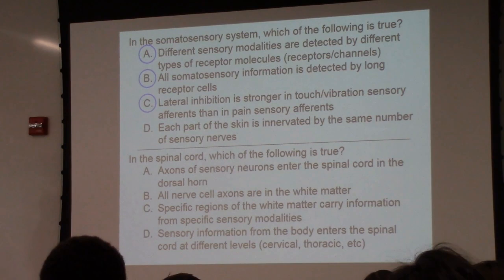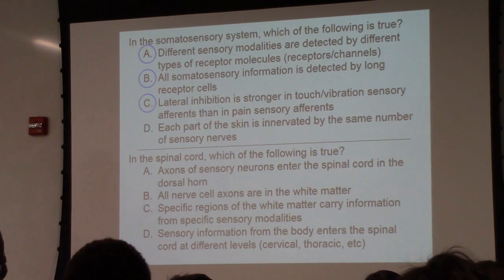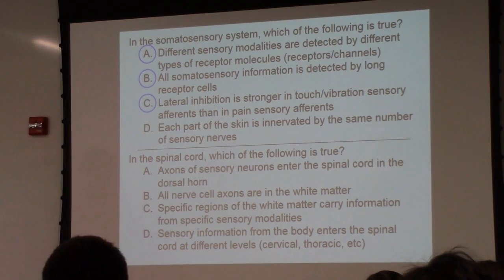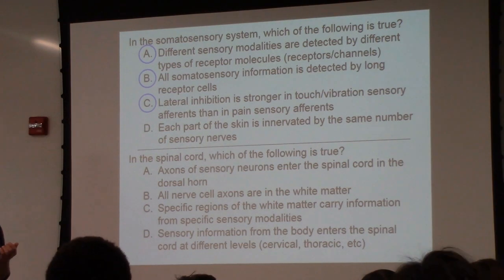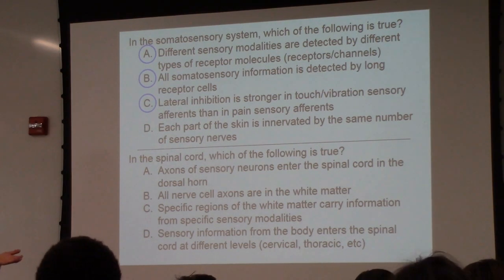Lateral inhibition is stronger. I'm looking at C. Lateral inhibition is stronger in the touch vibration sense than it is in the pain sense. You know from your own personal experience that your ability to detect touch pressure, to discriminate fine information about touch, your receptive fields for touch and pressure are small.